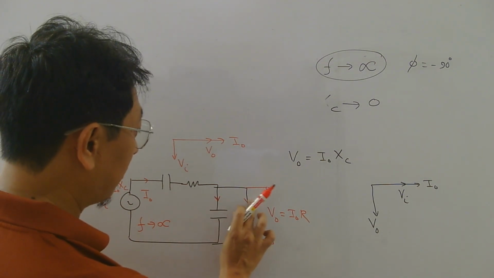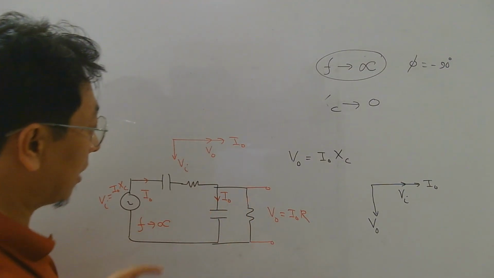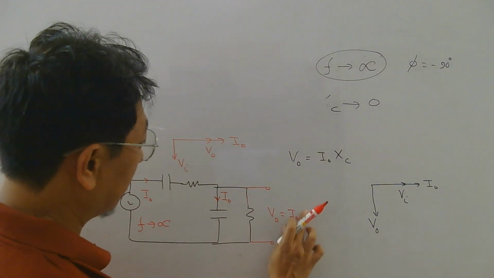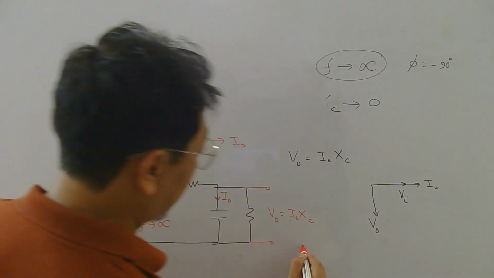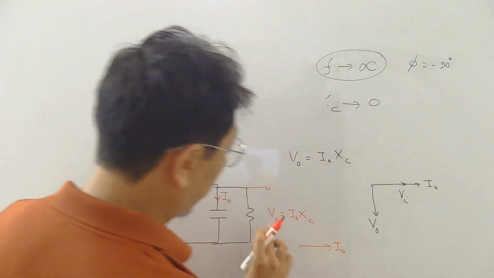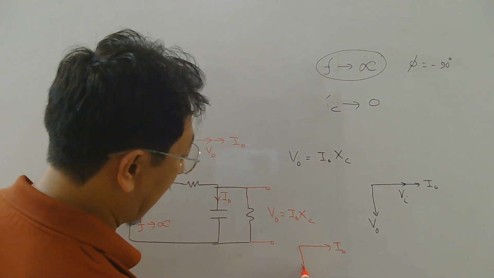So this will have almost no current. So now the output voltage will be I naught into XC. That means if this is your I naught, output voltage will be like across capacitor, which means it will lag behind current.